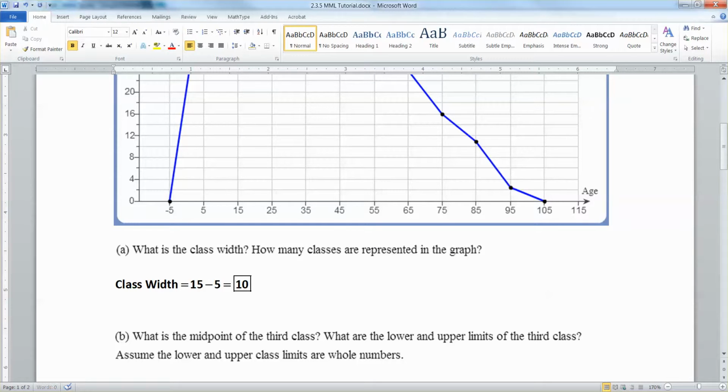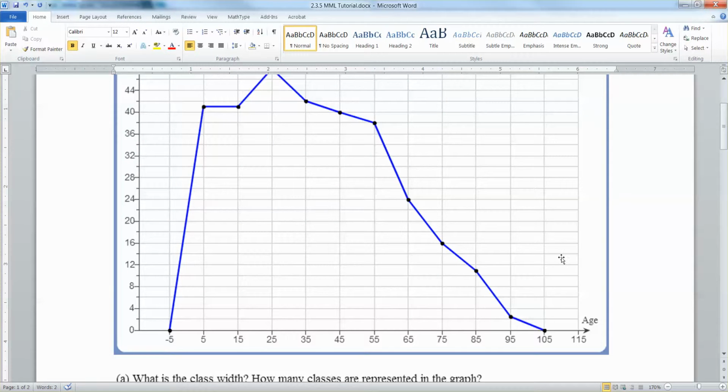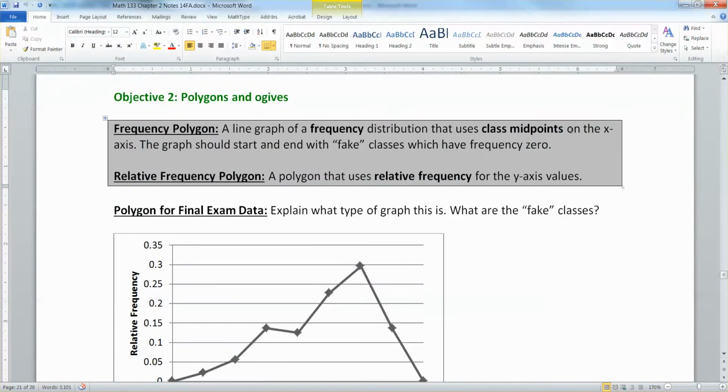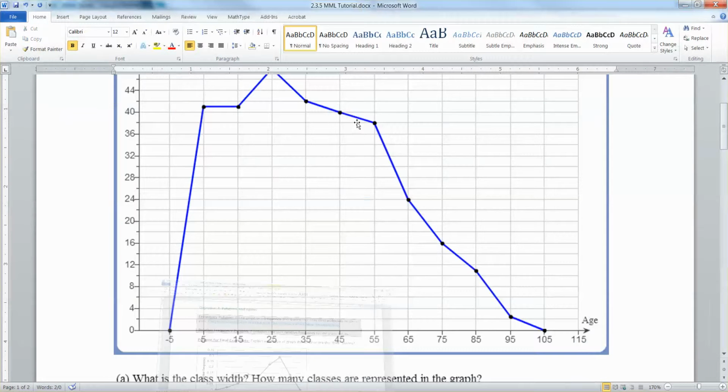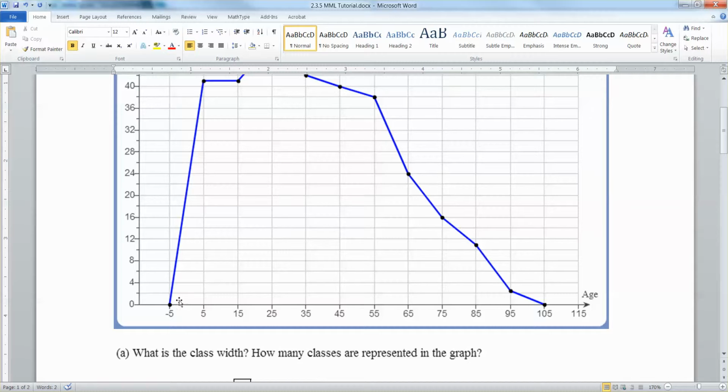Now, how many classes are represented? Well, that's a different question. Remember, it might at first appear that you should count the dots, except from the notes in section 2.3, we learned that a frequency polygon has a fake starting class and a fake ending class. They're not real, which will have a frequency of 0. So this dot right here at -5 is not really part of this distribution, which makes sense because this is how many people are of a certain age in a country.